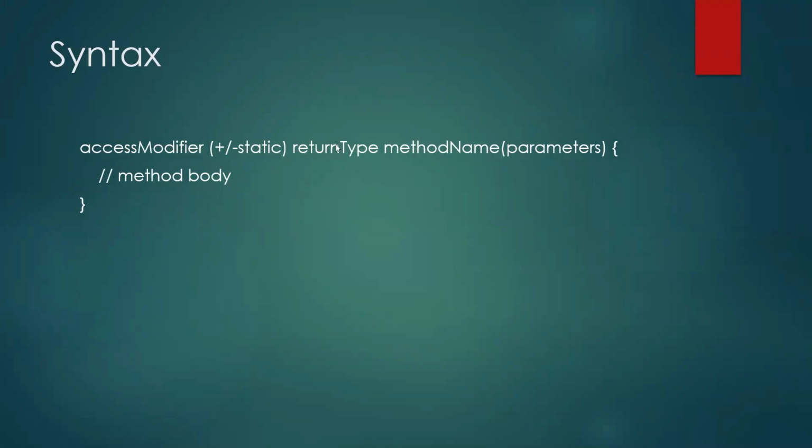It can be void, or it can be any of the defined types. It could be a primitive, or it could be a reference type. Then the name of the method and the parameters. A method can have no parameters, or it could have several parameters. Then, of course, there's the implementation of the method, which we call the body.